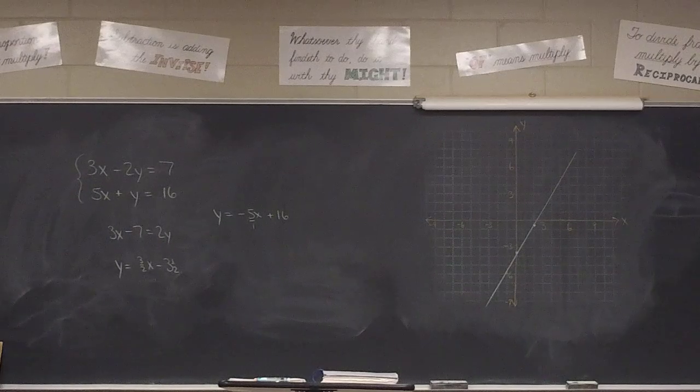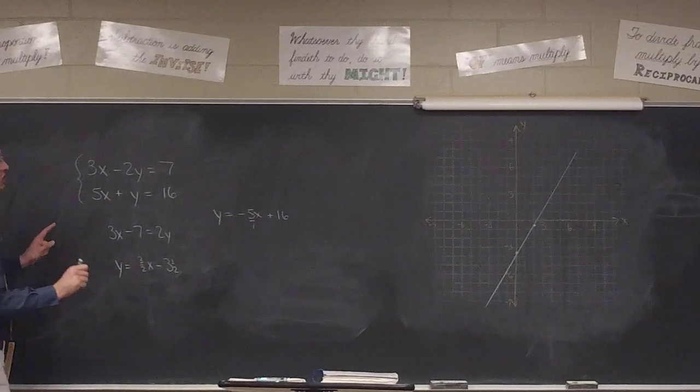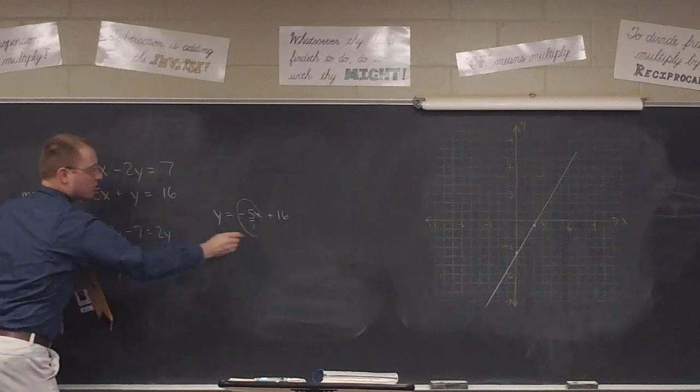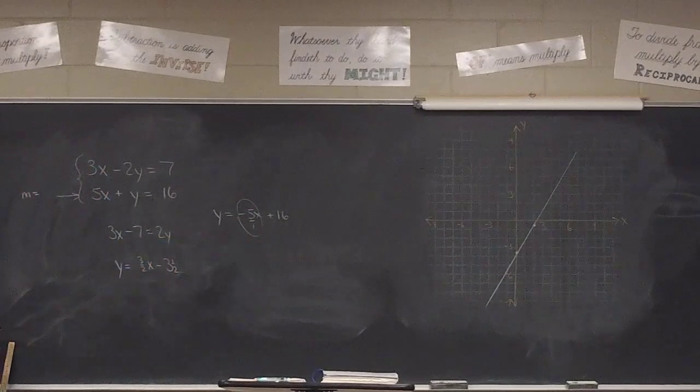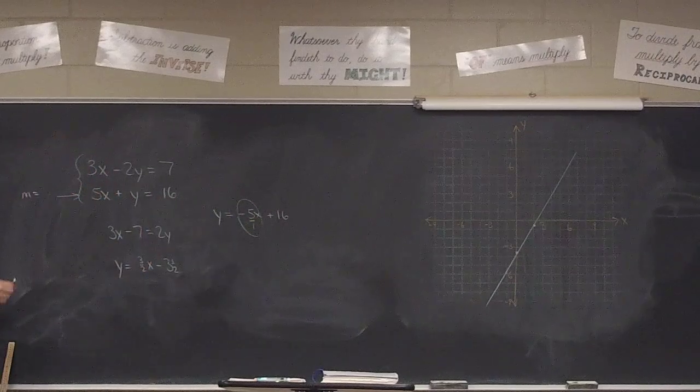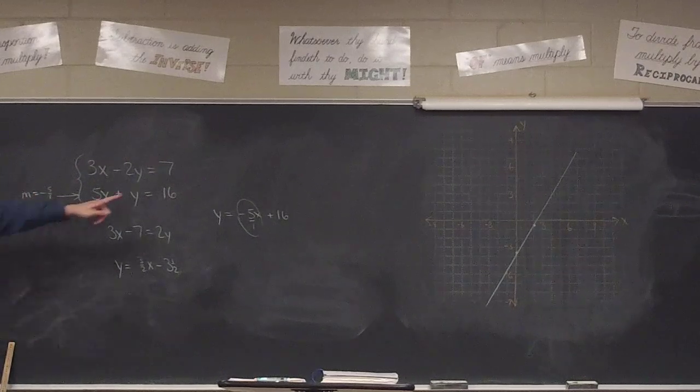Would be a legitimate thought. Now, there is technically a way around this, class. You ready for this? What's the slope for this equation? Class, for this equation, what's the slope? -5/1. That's not really that big of a problem, is it? It's the 16 that's a big issue.